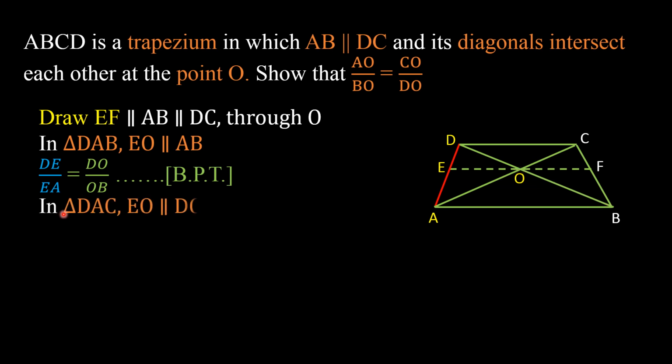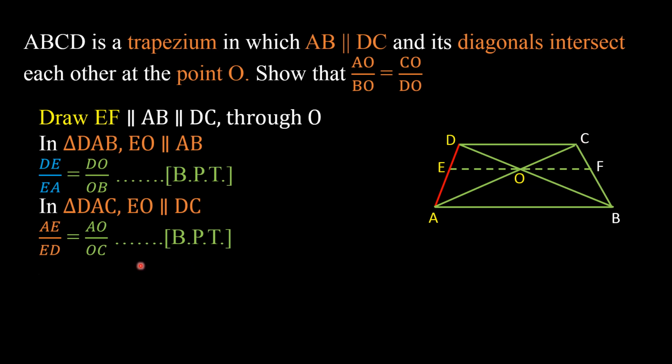Now in triangle DAC, EO is parallel to DC. So here also we can apply the basic proportionality theorem and write AE divided by ED equals AO divided by OC.